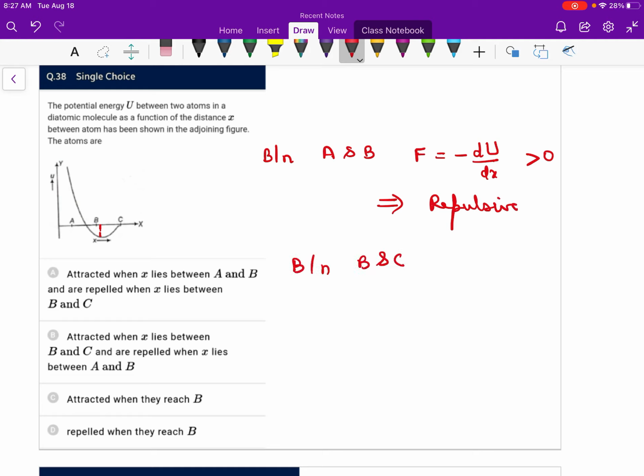And between B and C, F, which is minus dU by dx, is less than 0, which means force is attractive. Force is positive, that means it is acting outward, so it should be repulsive, and force is negative, that means it is acting inward, so it should be attractive.